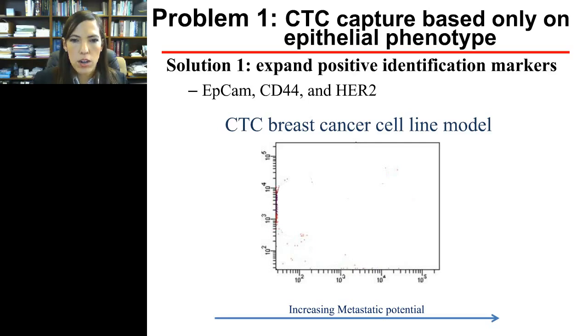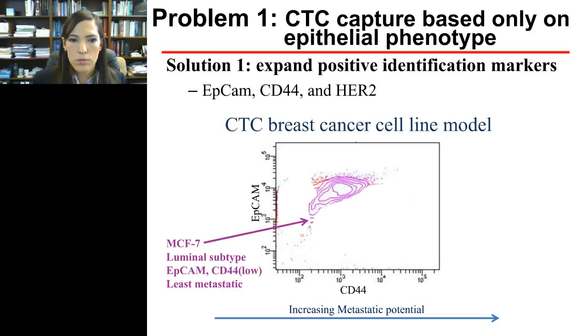So this is our breast cancer cell line model, and we've intentionally chosen cell lines to represent differences in metastatic potential and different molecular subtypes. On the y-axis, we'll be looking at EpCAM expression, on the x-axis, CD44 expression.